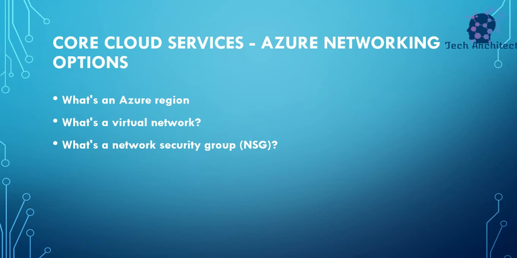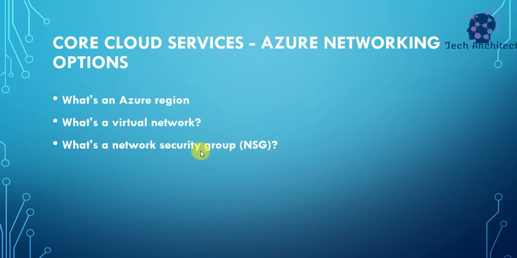A virtual network is scoped to a single region. Multiple virtual networks from different regions can be connected together using virtual network peering. It can be segmented into one or more subnets.